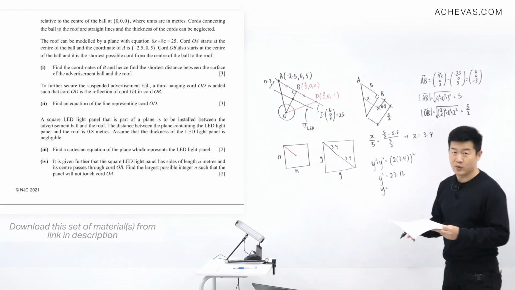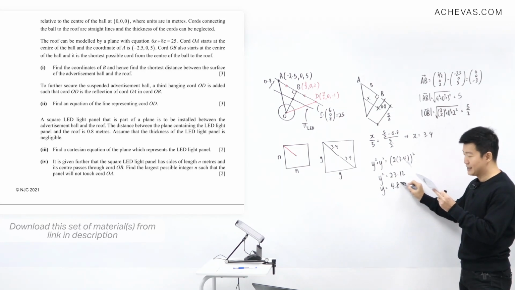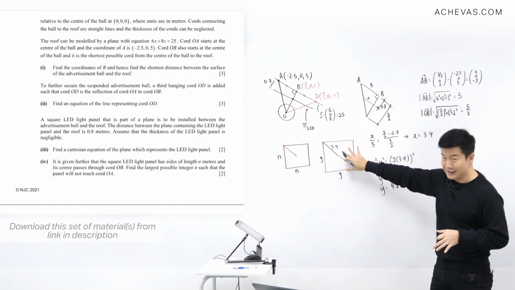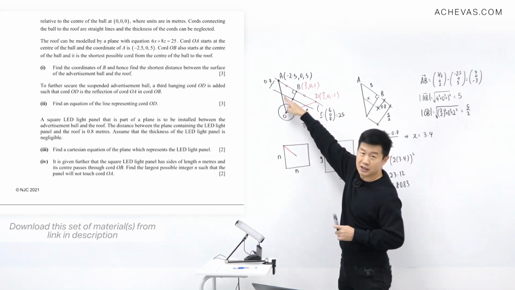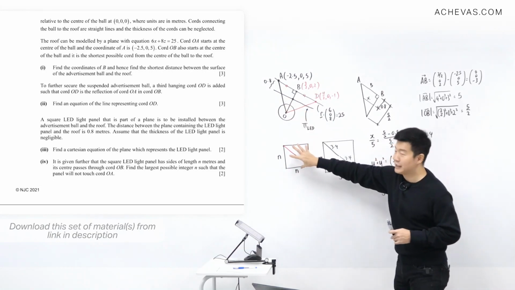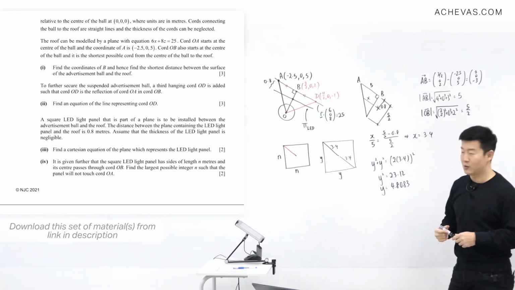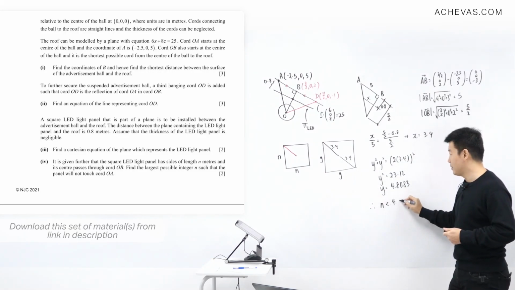This makes y, which is a length, so I'm going to just go for a positive number, y equals 4.8083. If it is this particular square, then this diagonal will be touching here. So I want to make sure that n is smaller than y. Therefore, n must be smaller than 4.8083.